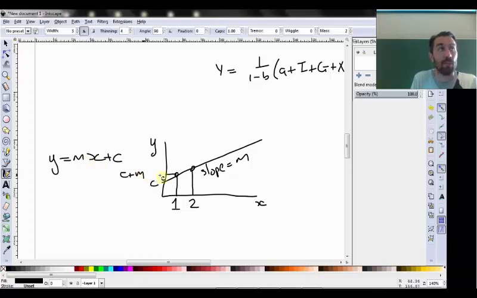C plus m. Are you with me? At 2, what is my value of y when x equals 2? It's c plus 2m. Yes?